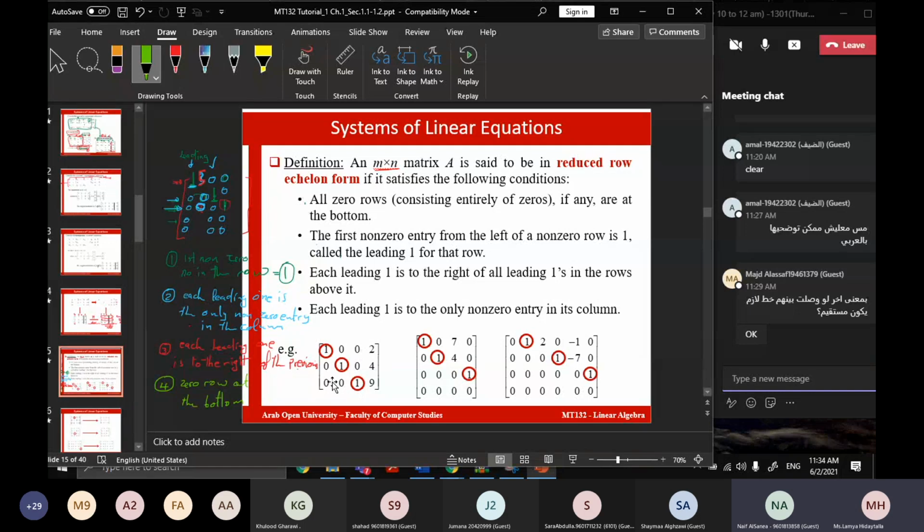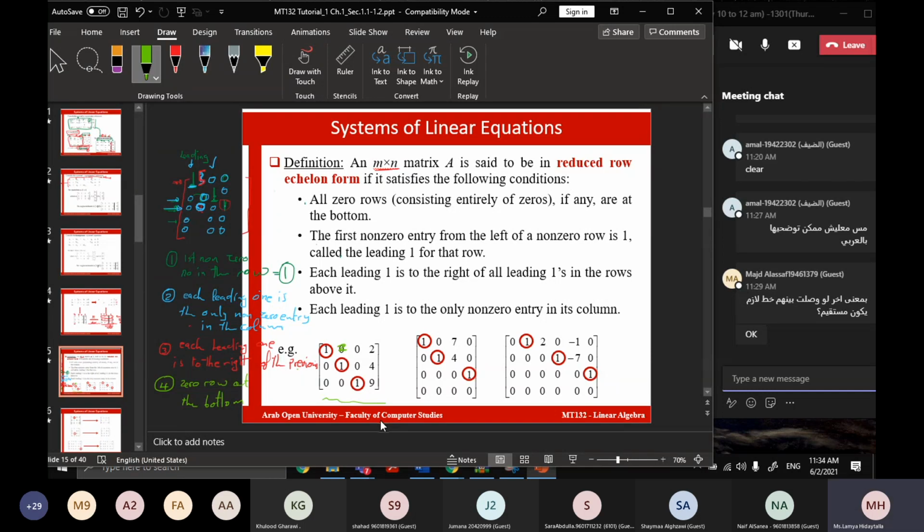Yes. Now, before I go to the next one, let me ask you a question. What if I have here a number like 2? Is it in the reduced echelon form now? What do you think?